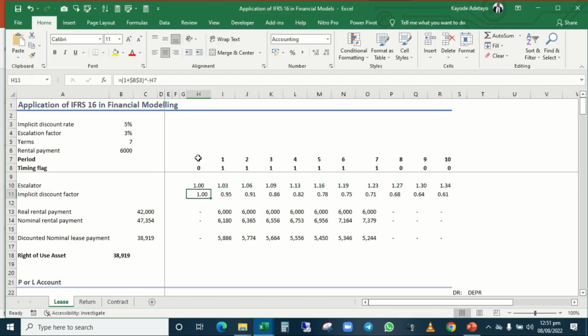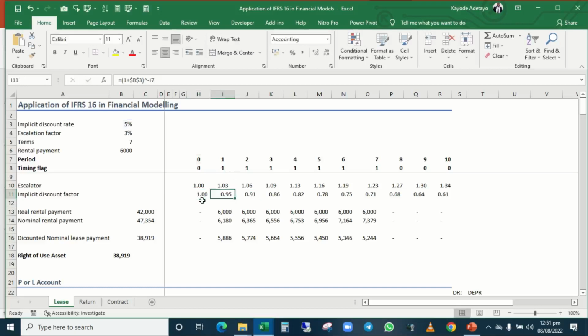Okay, then the next one is the discount factor itself. So the discount factor is going to be 1 plus the discount rate of 5% raised to the power minus the period of the year you are in, so that you are discounting from that year to year 0. So that's the discounting factor formula.